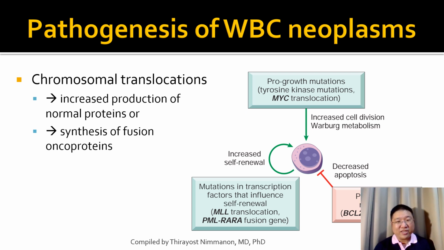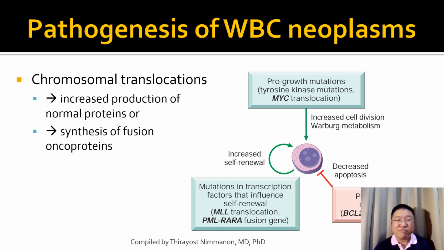So one common pathogenesis of white blood cell neoplasms is chromosomal translocation. It may be a bit boring, but it is important because if we know the pathogenesis, we will understand why we see the features in particular types of lymphomas or leukemia.